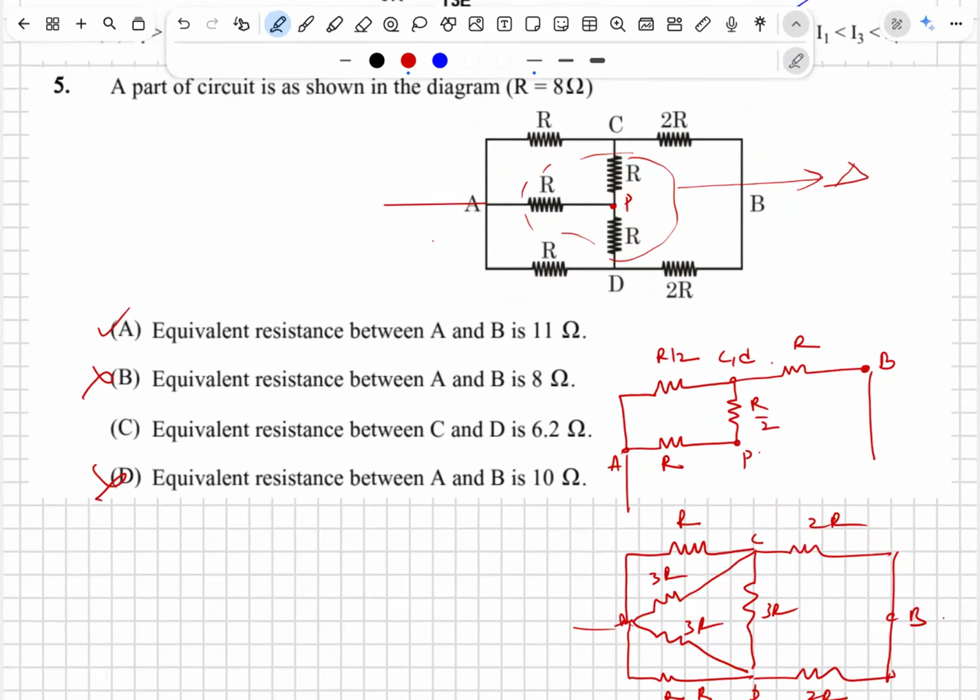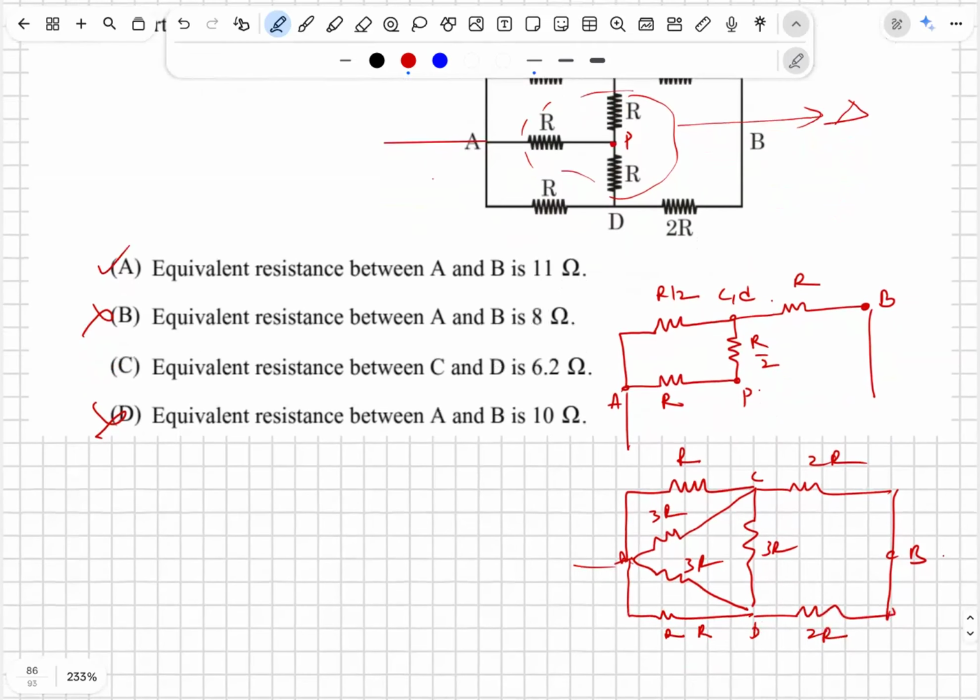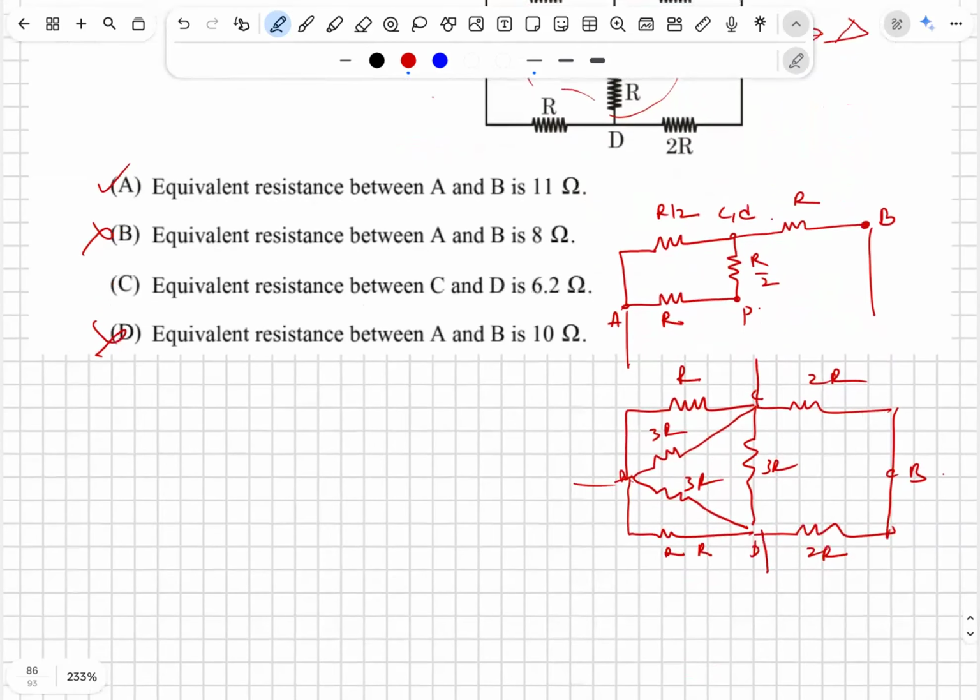Now C and D, you want C and D. Now C and D, you want this one, right? Okay. If this is C and D, what is happening? You know, this part is a 3R, 3R, 3R by 4, 3R by 4, 3R by 4 series, 3R by 2.